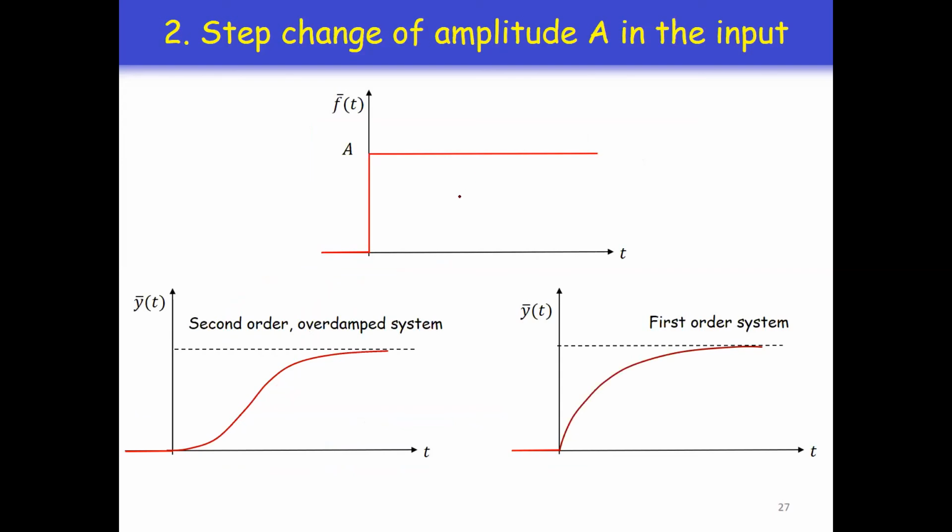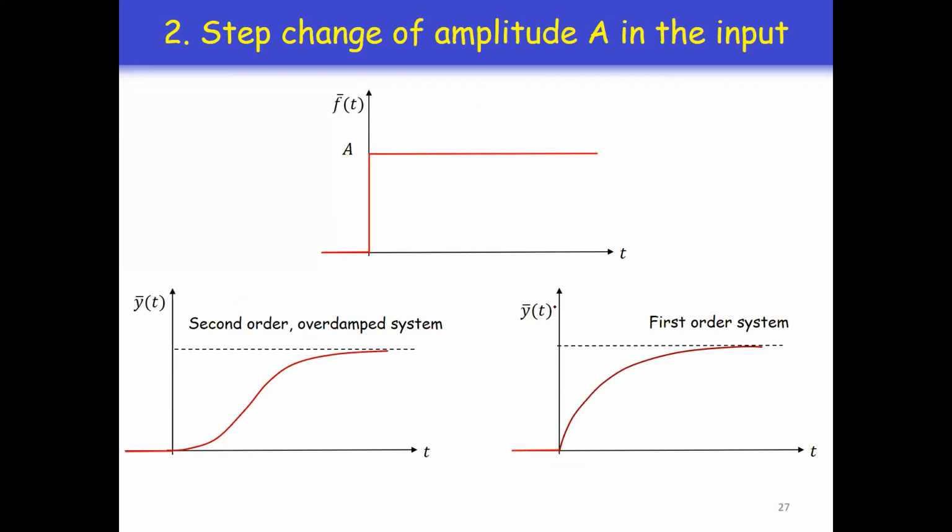So please, in this slide 27, you can compare F, the disturbance, which hits the system at time 0, and then the response of a second order overdamped system and the response of a first order system. See how different they are.